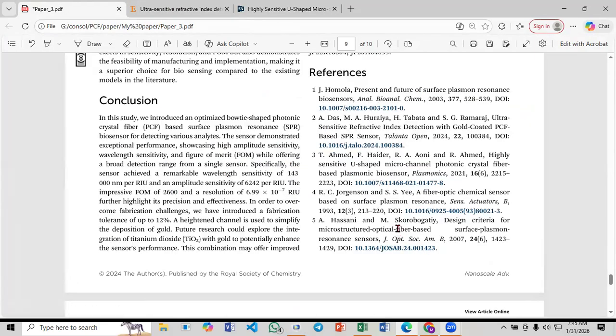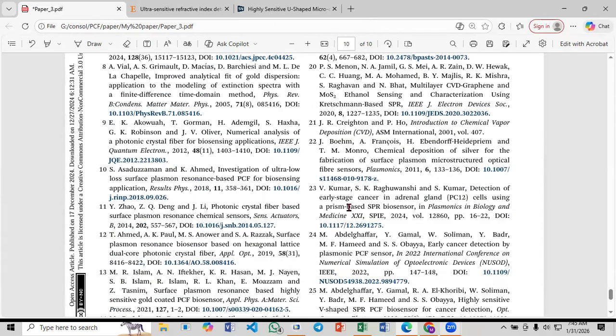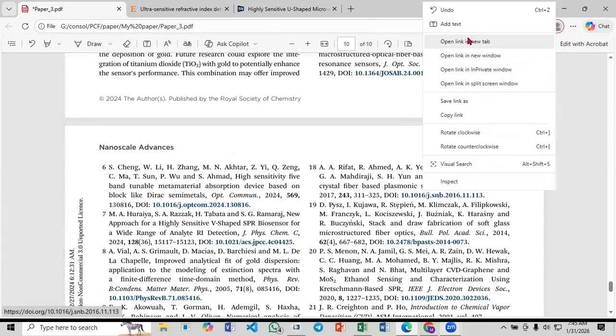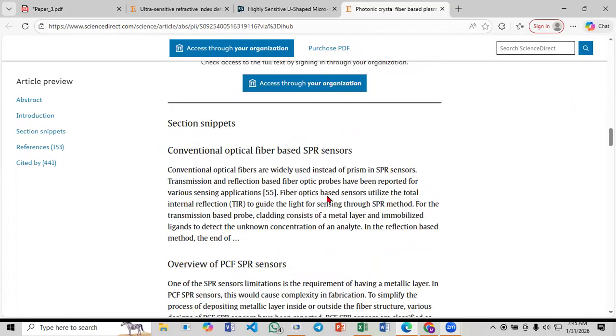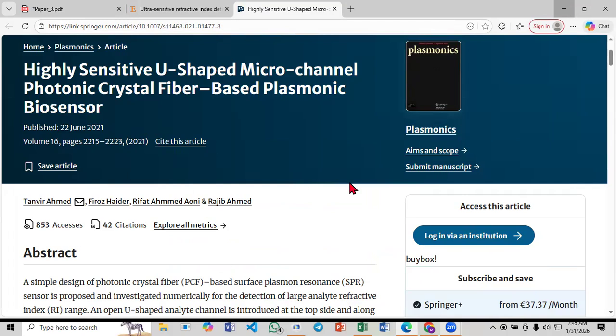Okay, then what can you do? This paper is also not free, I think. Okay, let me check this paper. Photonic Crystal Fiber plasmonic sensor. This one is also not free. Okay, whatever, we can continue actually.